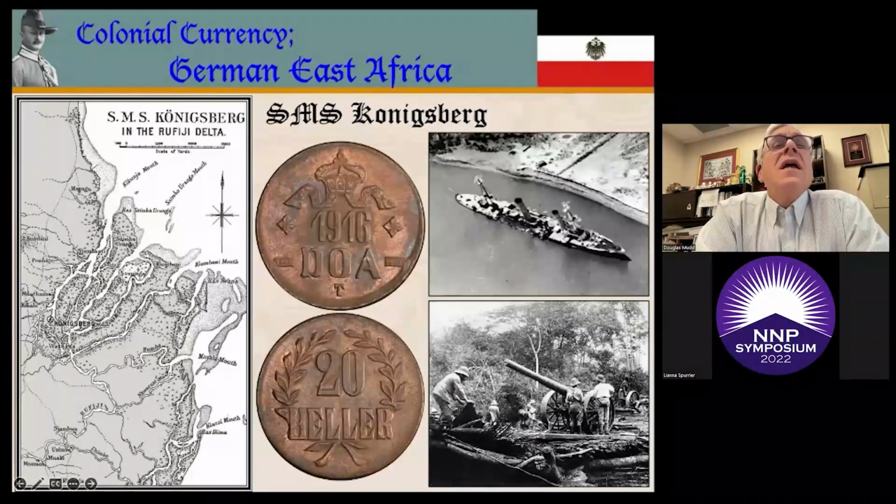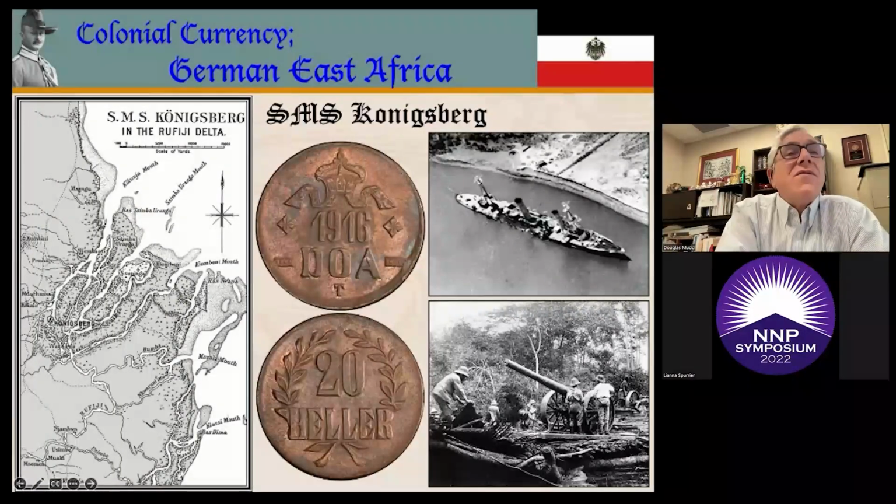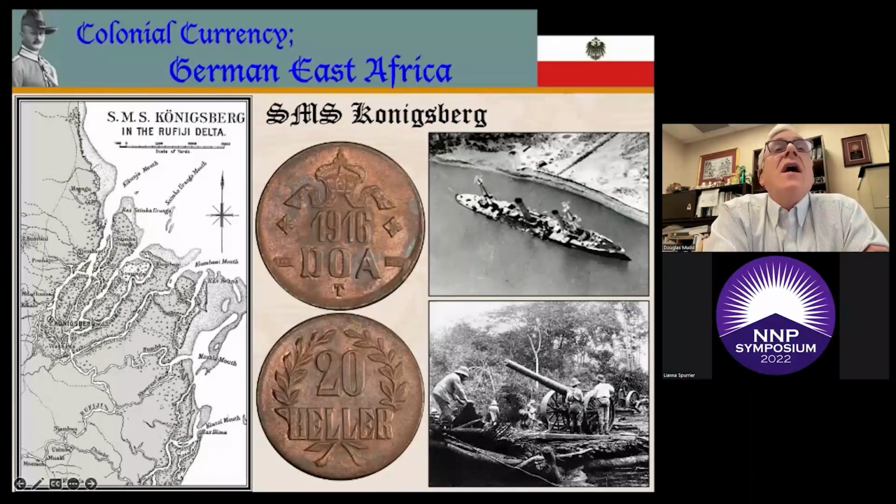Now, what happened to the Königsberg after these events, basically, it was forced to come back to Dar es Salaam, which had the only facilities capable of completing repairs and needed maintenance.